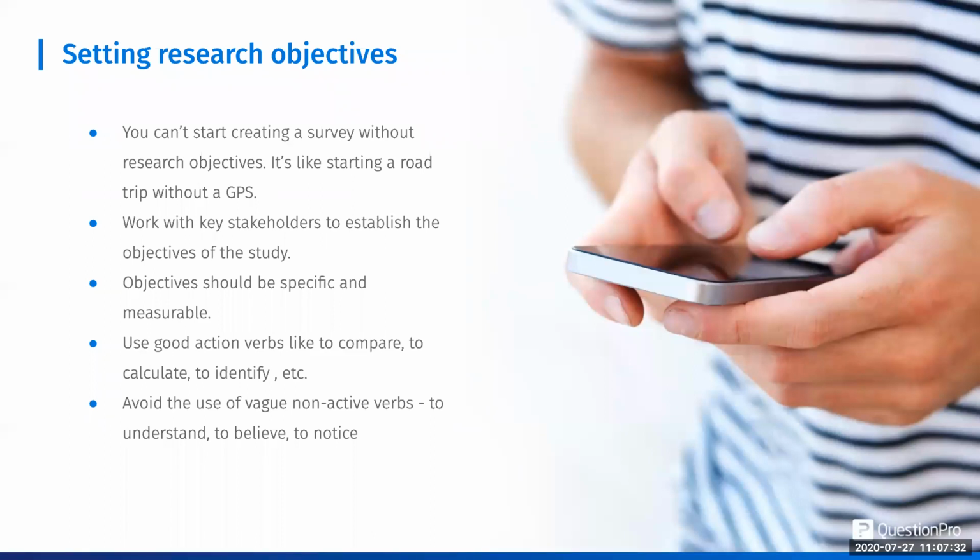And then the objectives should be specific and measurable. You want to make sure that you can tie these back to clear points and that there are also good action verbs inside of these objectives that you're creating. So you want to compare something, to calculate, to identify. You don't want to use non-action verbs like I want to understand or to believe or to notice.